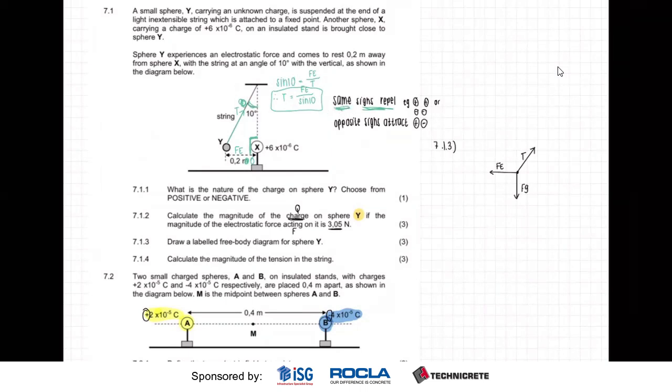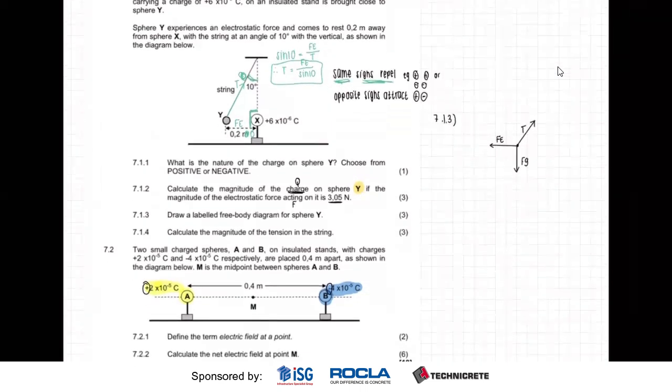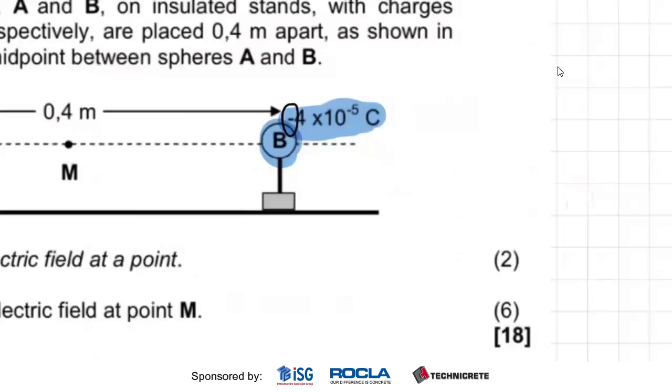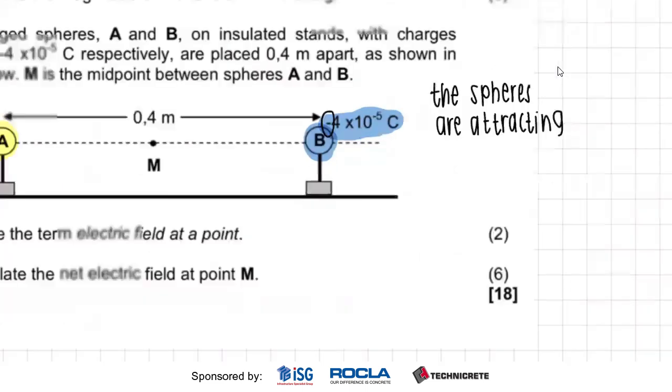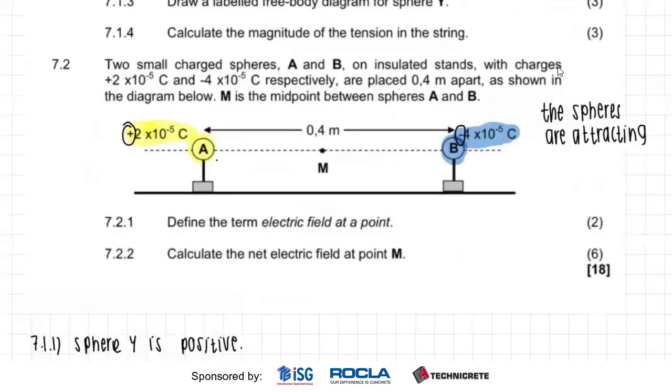So the spheres are attracting. That means both of their forces are working towards the middle because they want to get together.